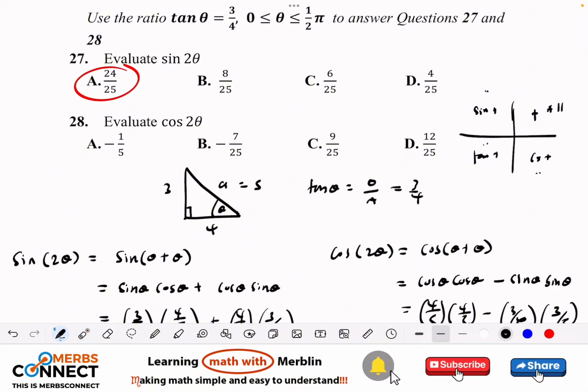Definitely we can see that the angle should be here, because this 3 is positive and this is too, so the angle is going to form here. So it means that here theta is actually positive. Yes.